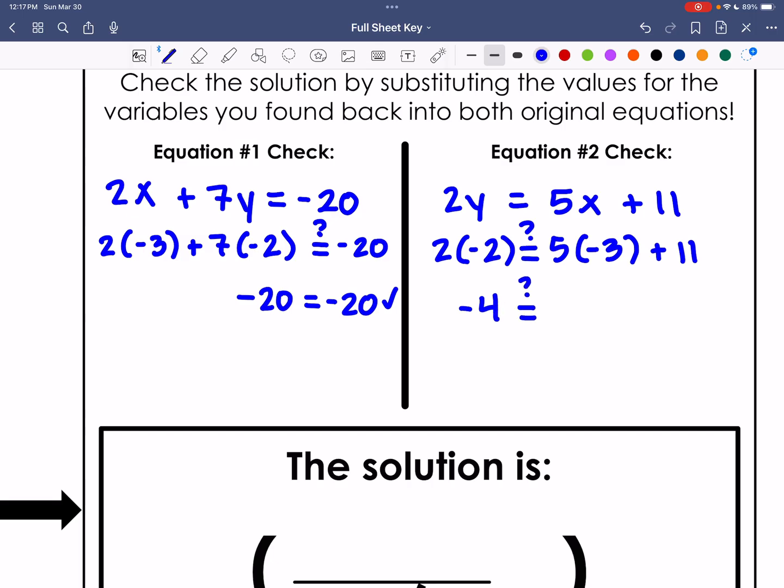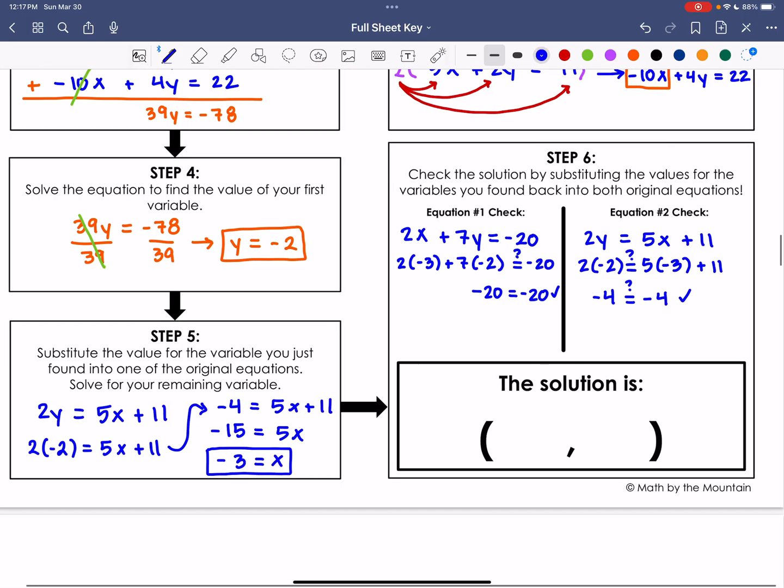And then over here, again, if you have the permission from your teacher, you could type all of this into your calculator. We're just going to do it ourselves. So 5 times -3 is -15. -15 plus 11 equals -4. And -4 does equal -4. That is a true statement. So looks like both of our answers for x and y checked out beautifully.